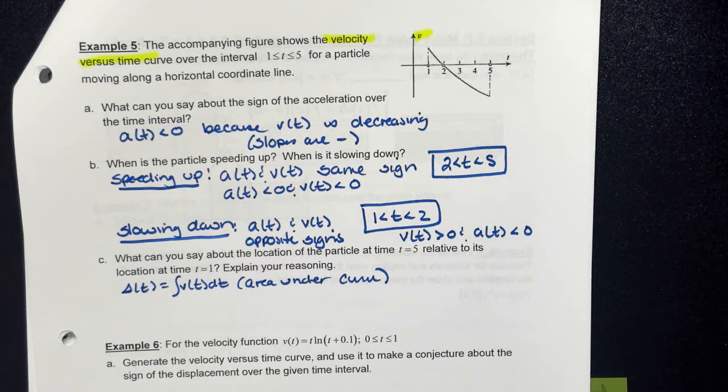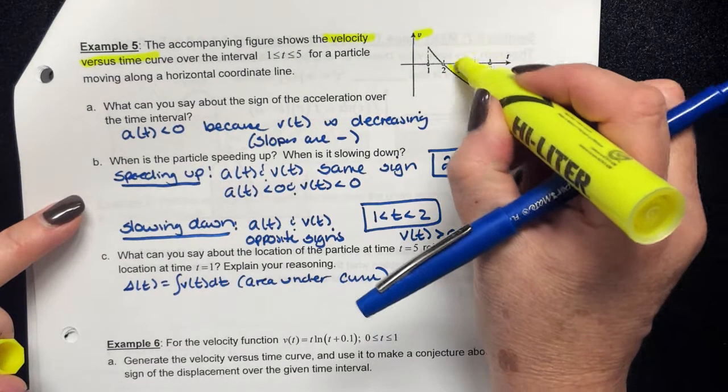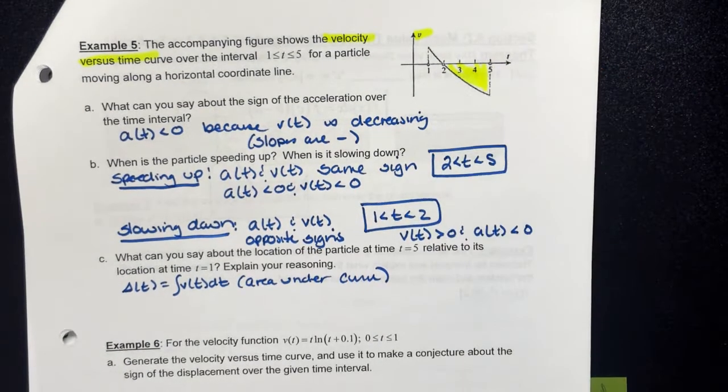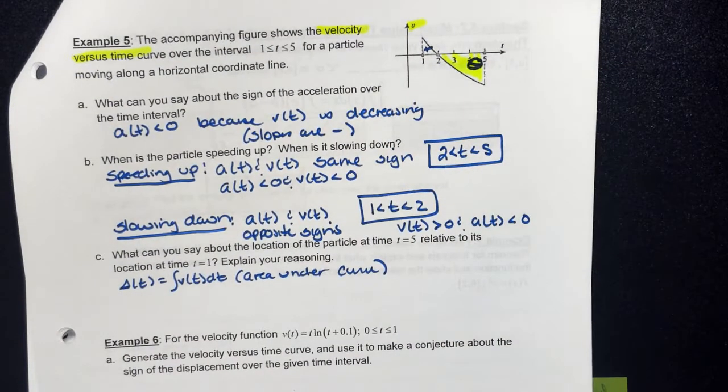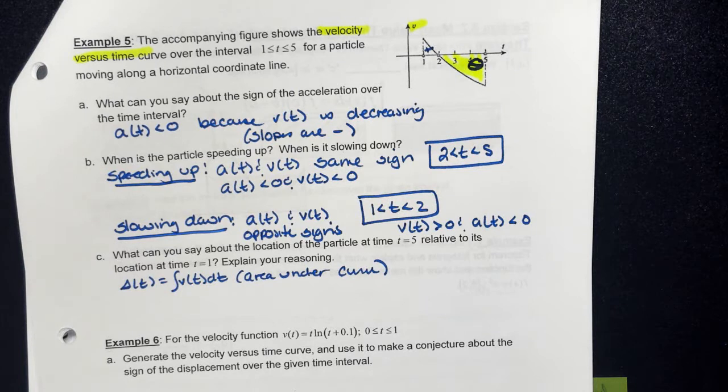So, do you agree with me that from 1 to 2, the area under the curve is positive, correct? What's happening with the area under the curve from 2 to 5? Negative. Is there more area that's negative than positive? Yes, you agree with me that in this whole region, there's a lot more area that is negative than positive, correct? So in terms of position, we talk about negative. Where are we? We are to the what?